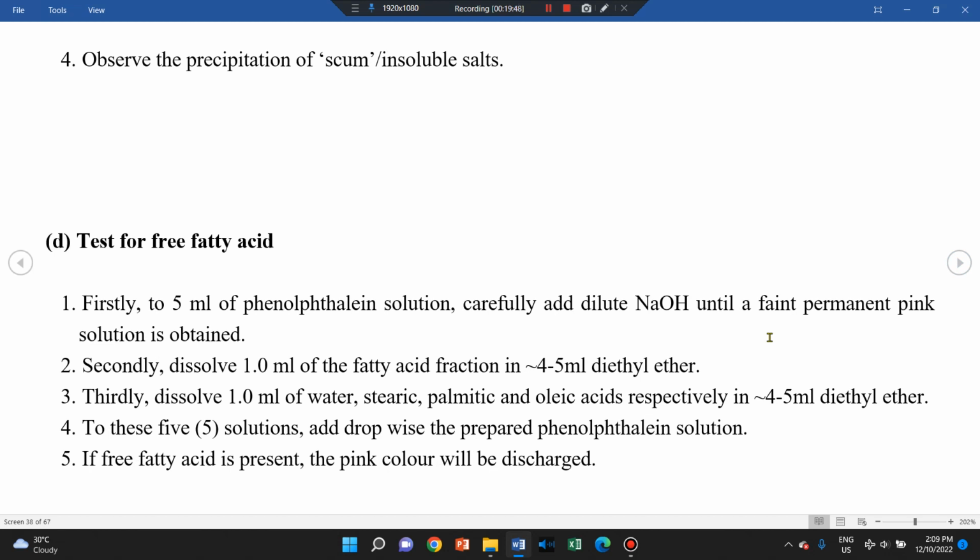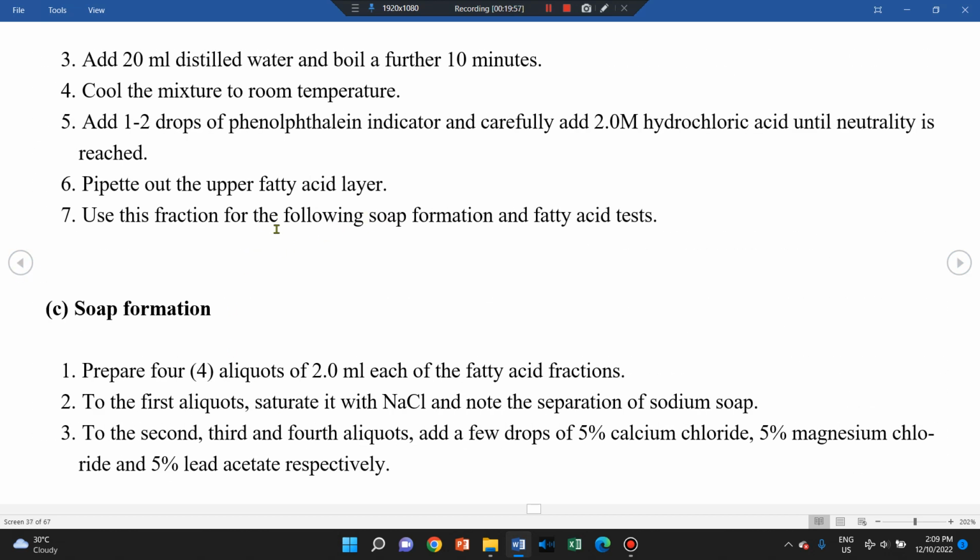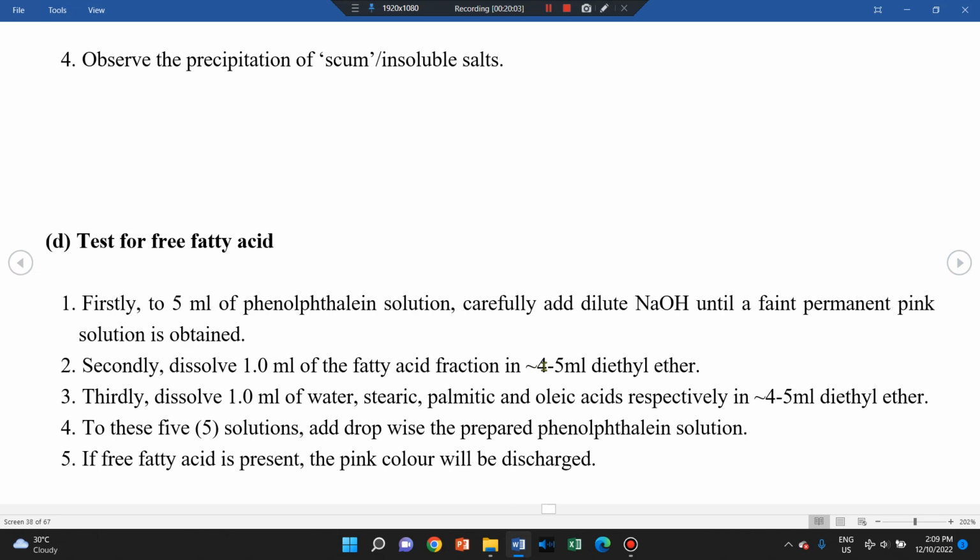Moving on, we look into the test for free fatty acid. The same upper fatty acid layer needs to be sufficient for this as well.